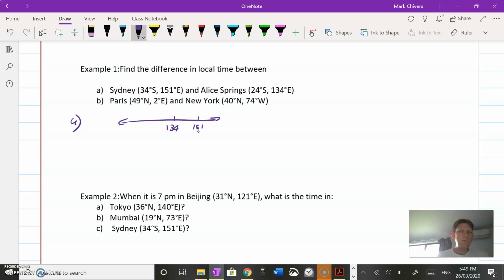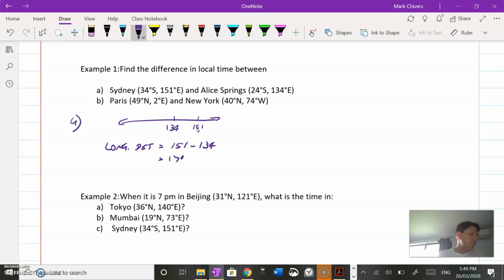So we're looking at the distance between those two. Obviously take the most westerly away from the most easterly. So the longitude distance is just going to be 151 minus 134, which is 17 degrees.